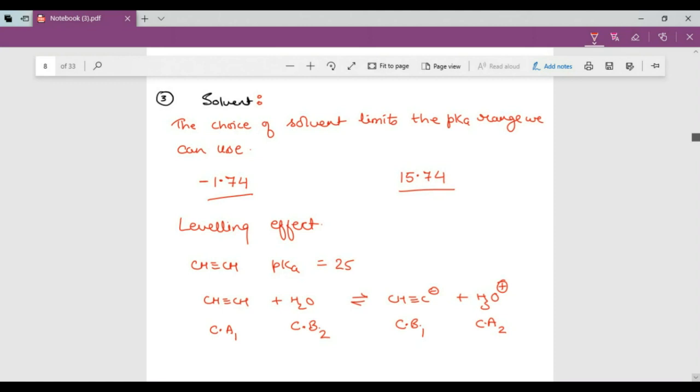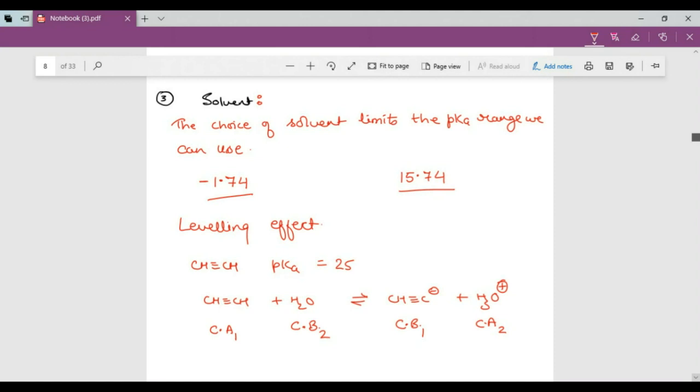Now, what I want is that to make this equilibrium forward, the pKa of CH triple bond CH, that is acetylene, should be less than minus 1.74. Then only this will go forward. But it is not so. So this equilibrium is pushed totally backward.